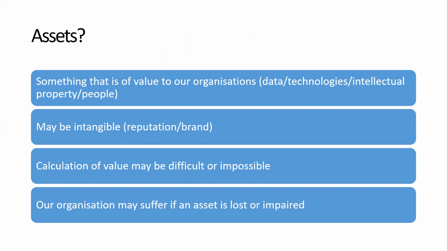We've seen this before. Something that is of value to our organization is an asset. Data is definitely an asset. Some technologies may be more valuable than others. For example, an e-commerce company's customer database, the technology that it sits on and the data would be of critical value to an e-commerce company.